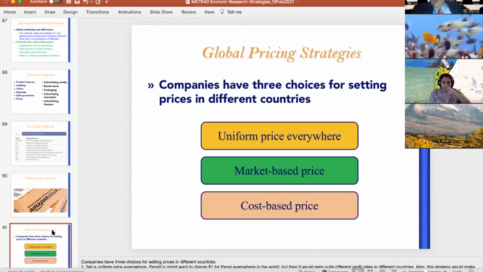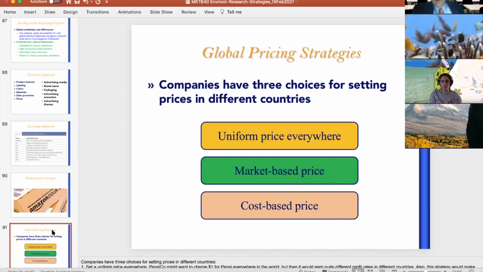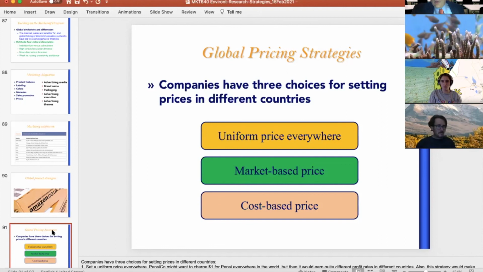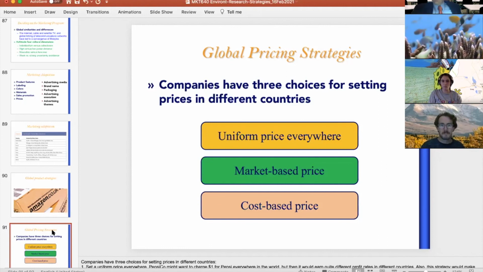If I look at the same transaction in Vietnam, it's going to be multiplied by 10%, versus multiplied by 50% in the US, and multiplied by 80% in France, for example. So different price structure, but you have to make sure it stays consistent. Do you look at therefore the price being based on the market or based on the cost?